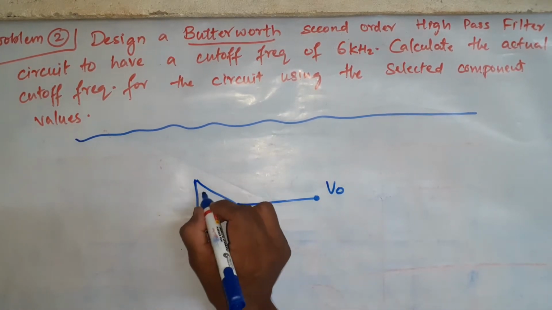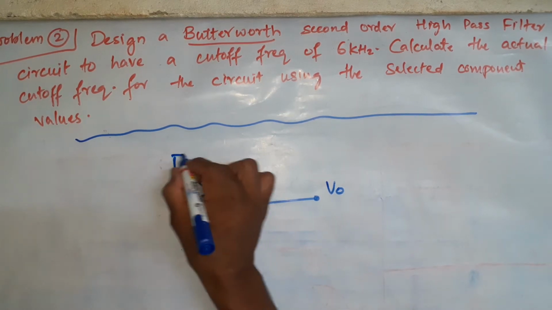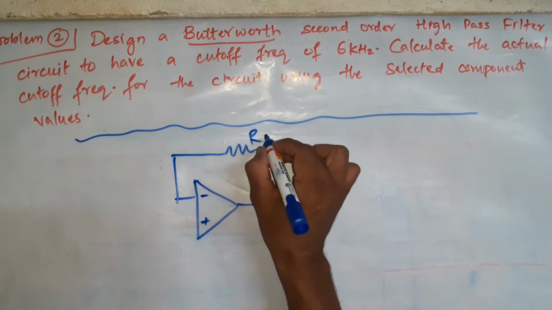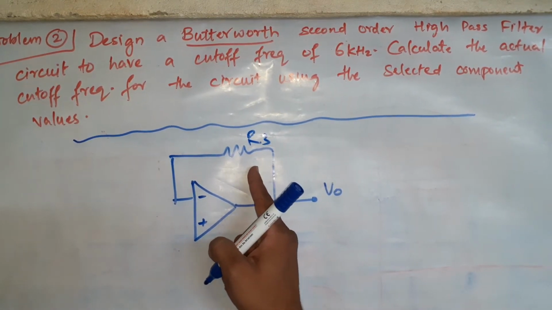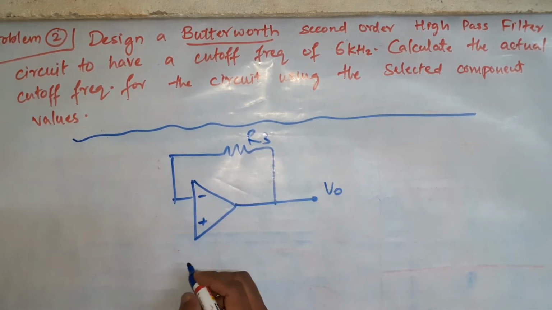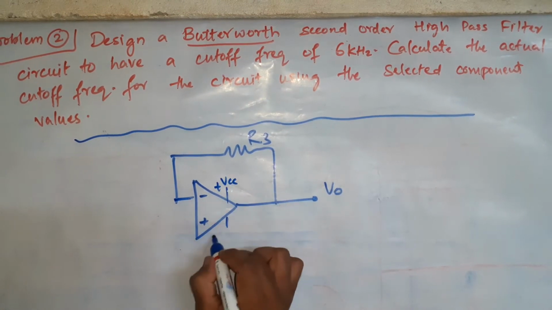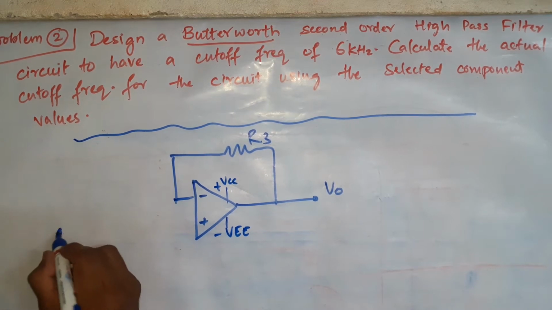This is your V naught. This is your feedback resistance. I will be using the same notations which I have already given to you in my notes. You can use RF here; I have used R3, so I am continuing that. Then, second order, right?